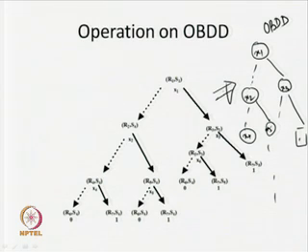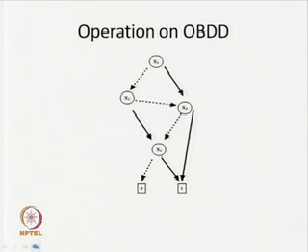Now, after getting this ordered binary decision diagram, we can see that it may not be a reduced one. So, after that we apply the reduce algorithm, and after applying it we get this structure, and this is the ROBDD.